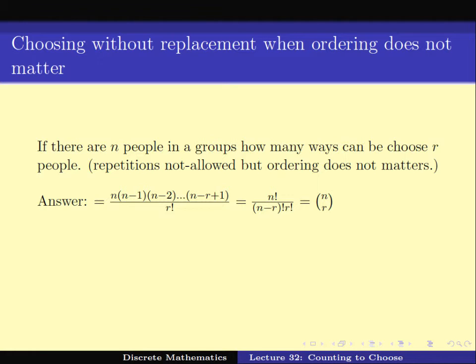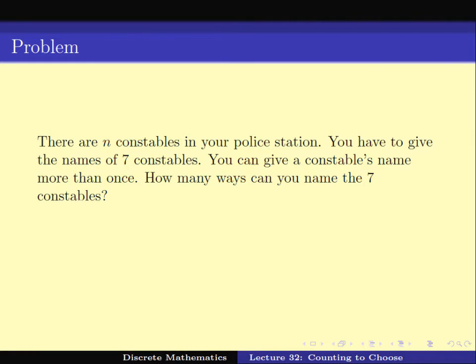Now what happens if I ask the following question. There are n constables in your police station. You have to give the names of 7 constables. You can give a constable name more than once. How many ways can you give the 7 constables?